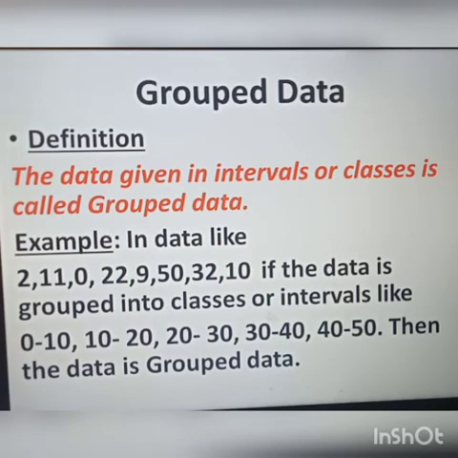Now you see there are some classes. Classes mean some grouping is being done, some intervals for the numbers are given like 0 to 10, 10 to 20, 20 to 30, 30 to 40 and 40 to 50. Such grouping is called classes. So if in any particular question such grouping is being done, then the data is grouped data.